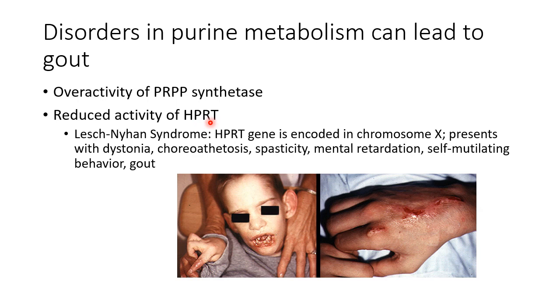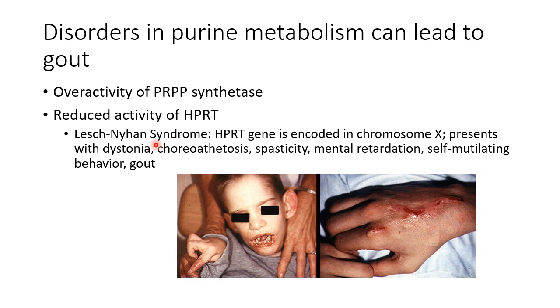So once your salvage enzyme is inactive, there is no way by which you can convert hypoxanthine and guanine back into inosine and guanosine. Therefore, hypoxanthine and guanine will accumulate, and all of those will be funneled into the formation of uric acid, such as in the case of Lesch-Nyhan syndrome.